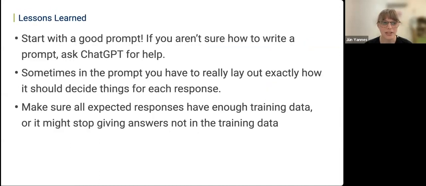So the lessons that we learned, as I mentioned, you want a good prompt. And if you can't think of how to word things, like I struggled with, because I struggle with writing anxiety, you can just ask ChatGPT, because who better to tell you than the AI itself how to talk to the AI.